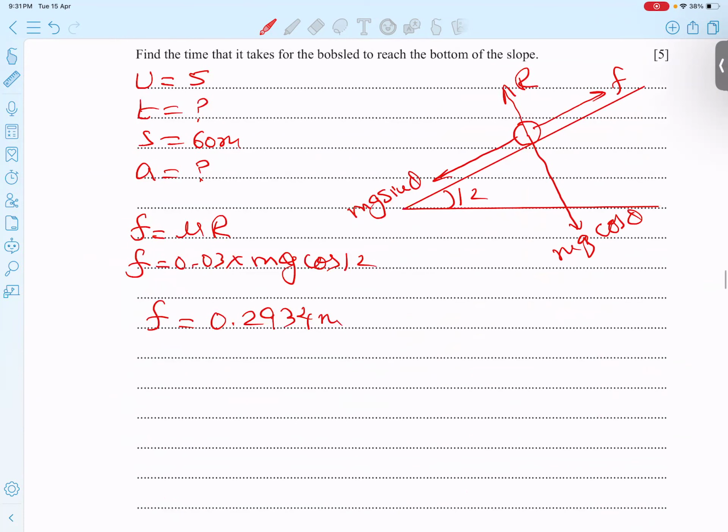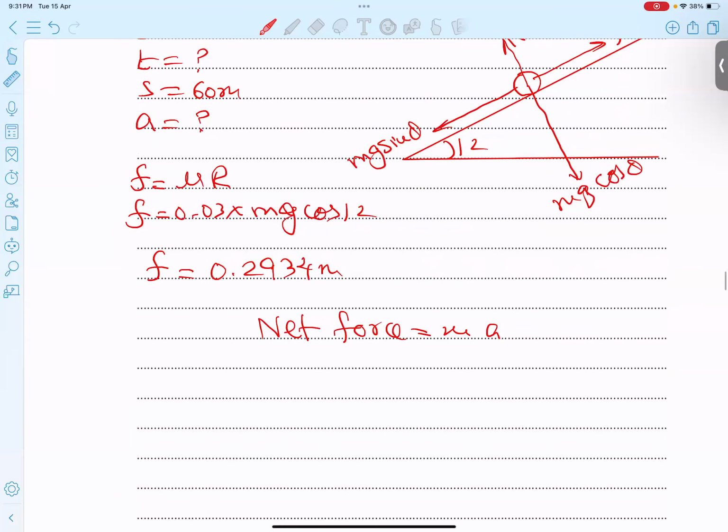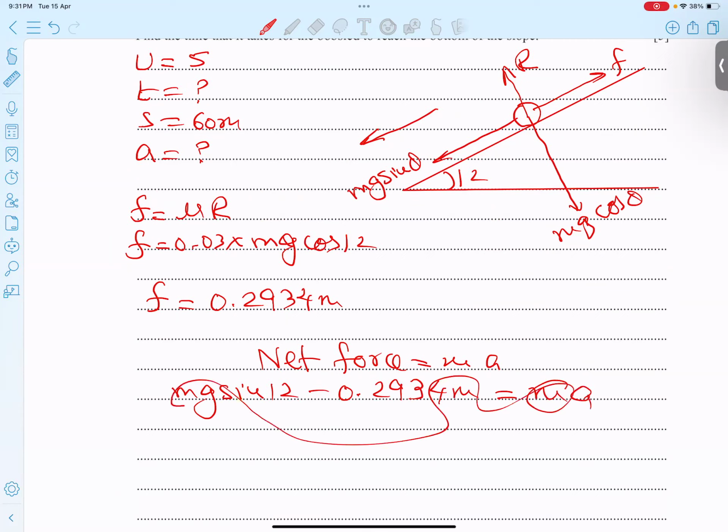Now students, as I said before, net force equals ma. Because the particle is traveling downwards, I start from here: mg sine 12 degrees minus friction, which is 0.2934 m, equals m times a.